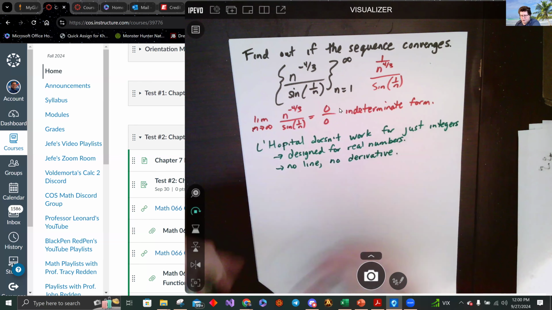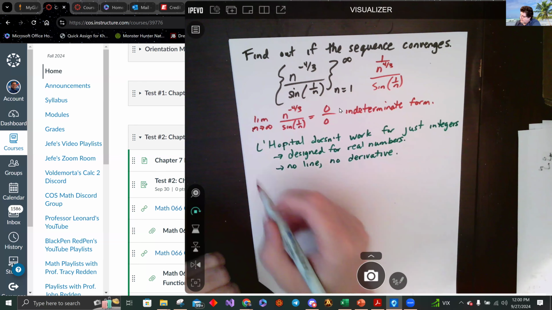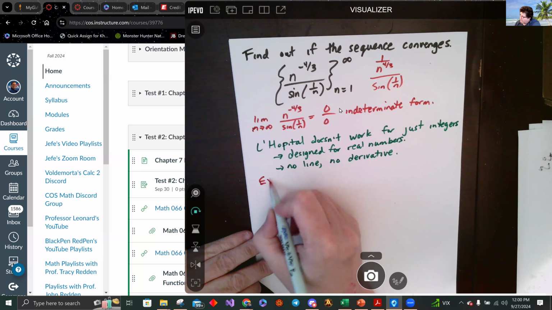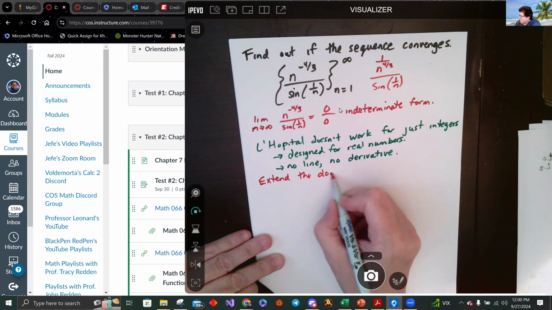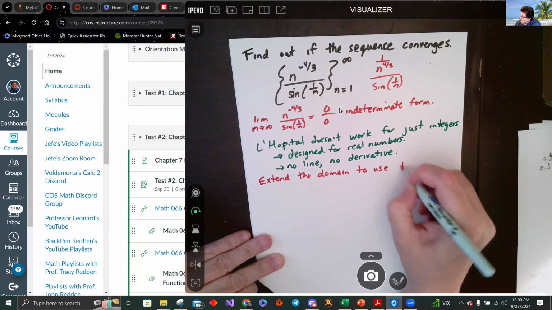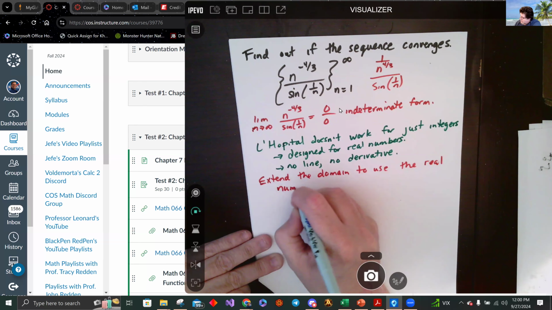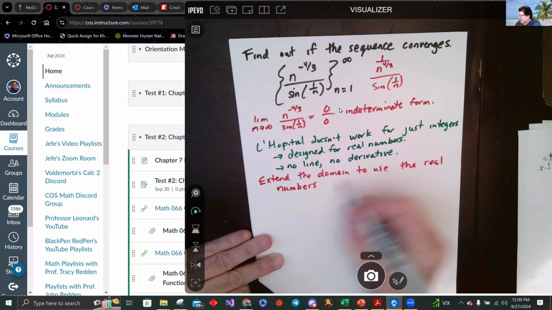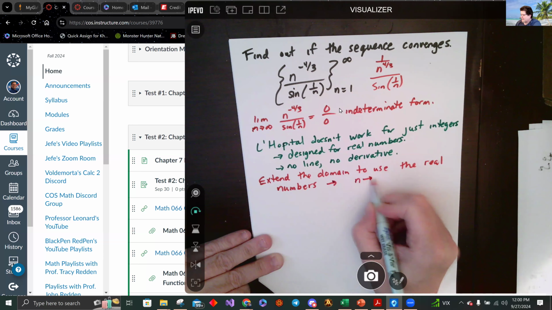So what we're going to do is we can extend the domain to use all of x, to use the real numbers. And when we do something like this, we have n change to x.